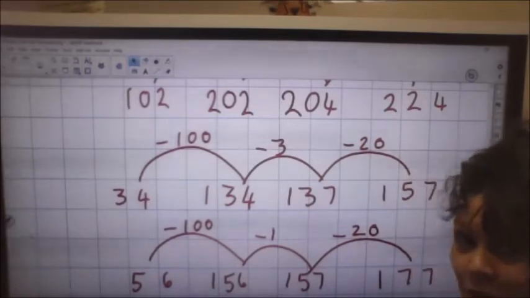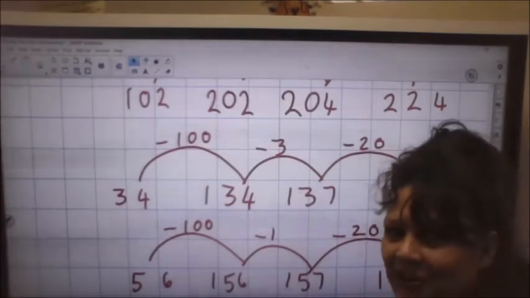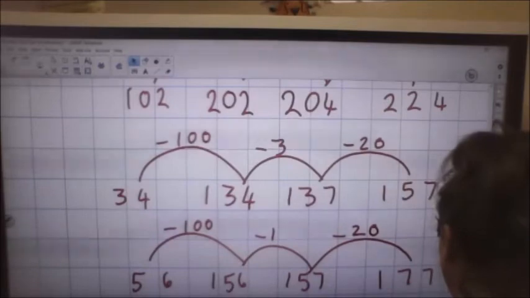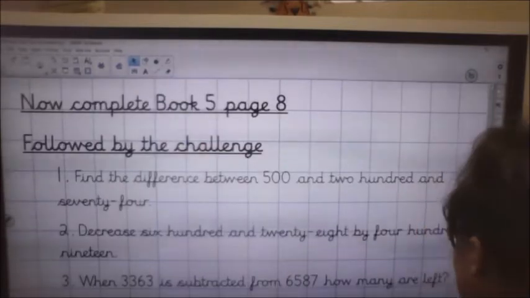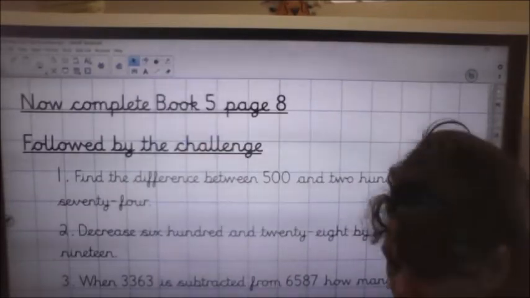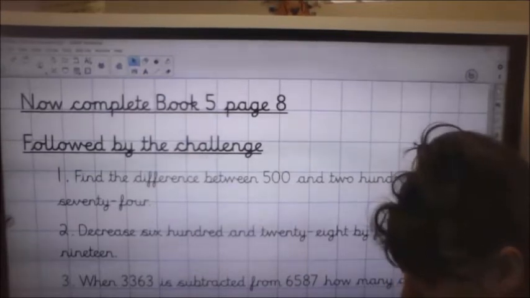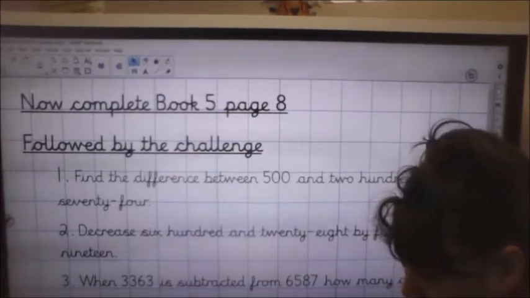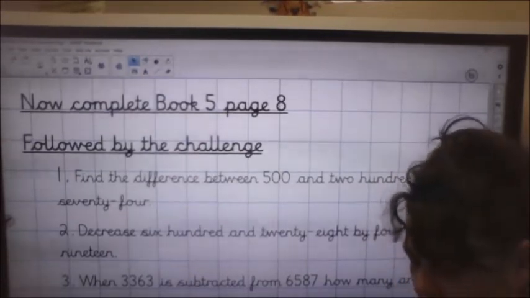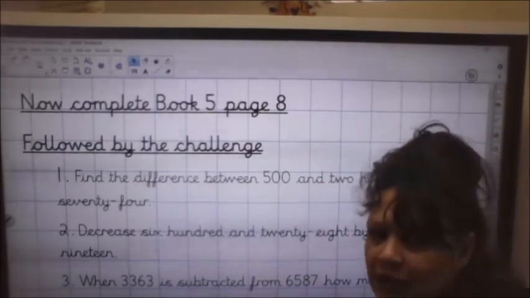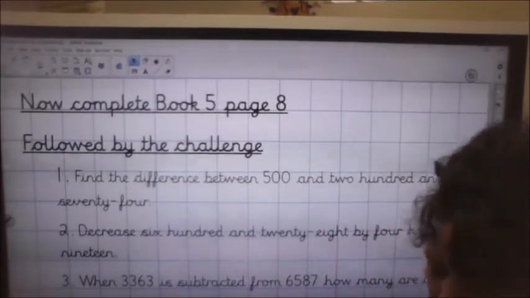Okay, so let's have a look at what you've got to do today then in your book. So you are going to be looking at book 5, page 8. And on page 8, you have got lots and lots of subtractions.